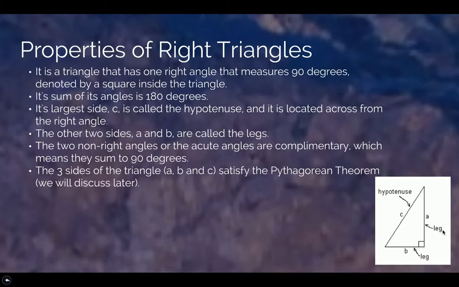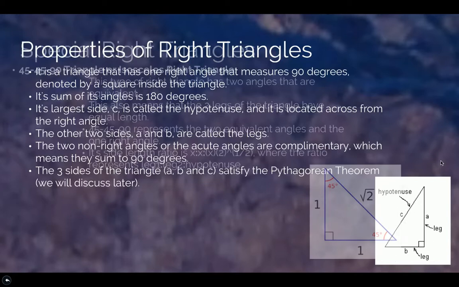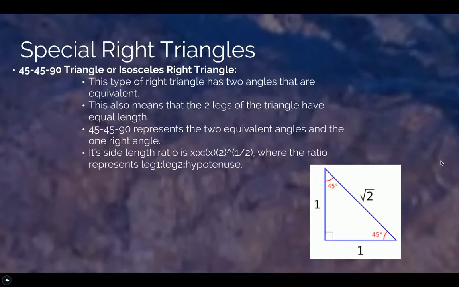And the two non-right angles, these two right here, are complementary, which means they add up to the sum of 90 degrees. And finally, the three sides of the triangle, A, B, and C, satisfy the Pythagorean theorem, which we will discuss later.